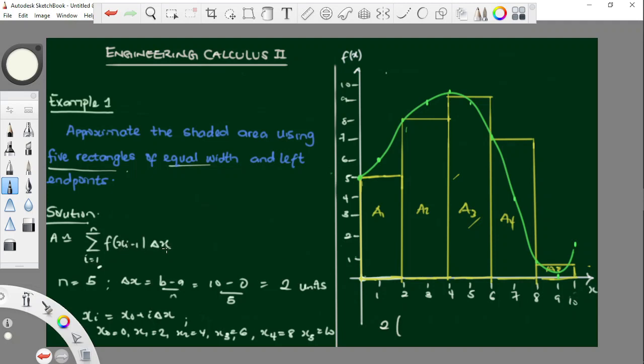So it's f of x0, f of x2, f of x4, f of x6, f of x8. So here will be 5 plus 8 plus 9.5 plus 7 plus the final one, we'll be having it as 1.